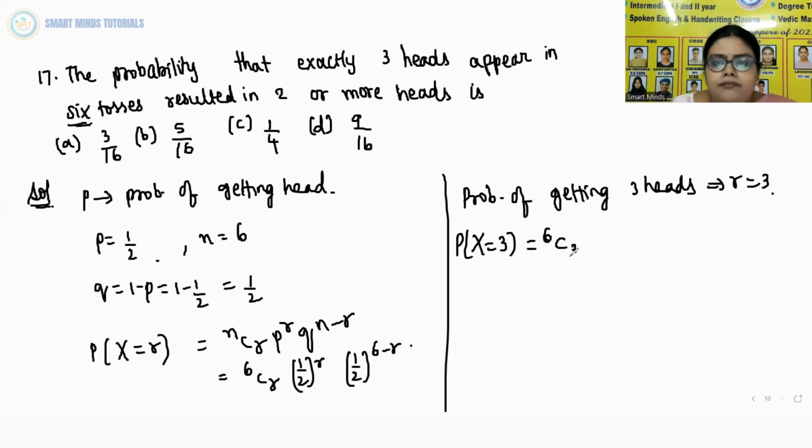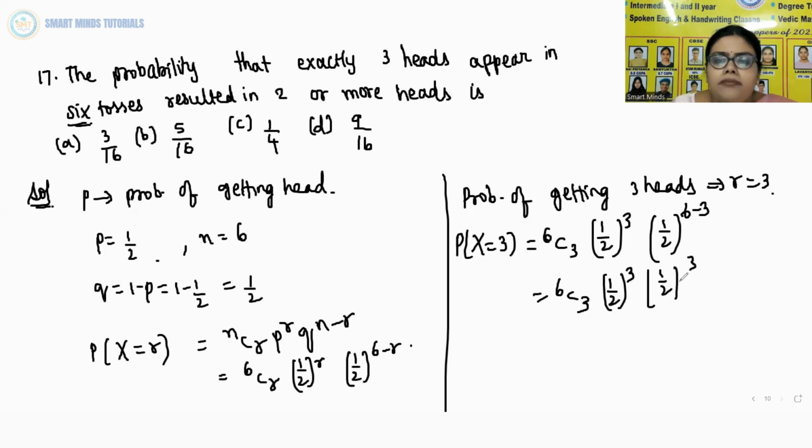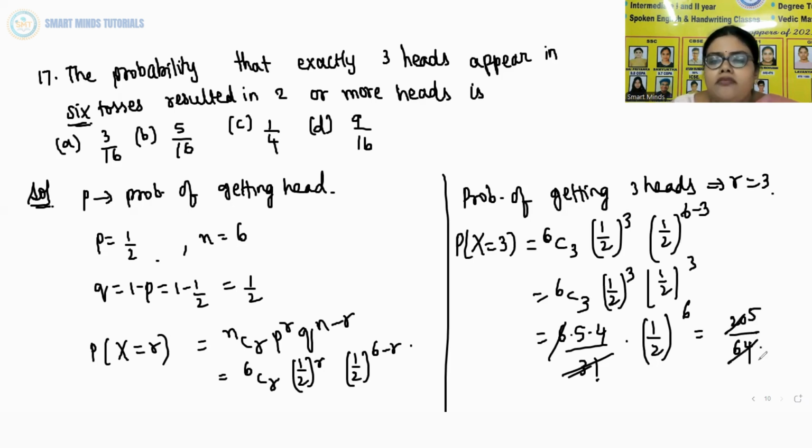That is 6C3, 1 by 2 power 3, 1 by 2 power 6 minus 3, so 6C3, 1 by 2 power 3, 1 by 2 power 3. 6C3 is 6 into 5 into 4 by 3 factorial, into 1 by 2 power 6. 3 factorial is 6, so 6 and 6 get cancelled. So this is 5 fours are 20 by 2 power 6 is 64. 4 fives are 20, 4 sixteens are 64. So that is 5 by 16. Option B.